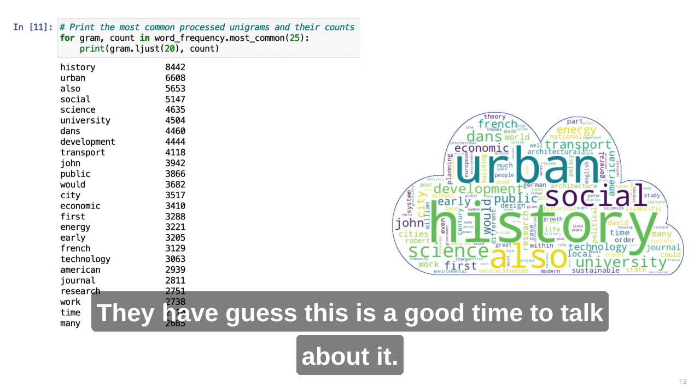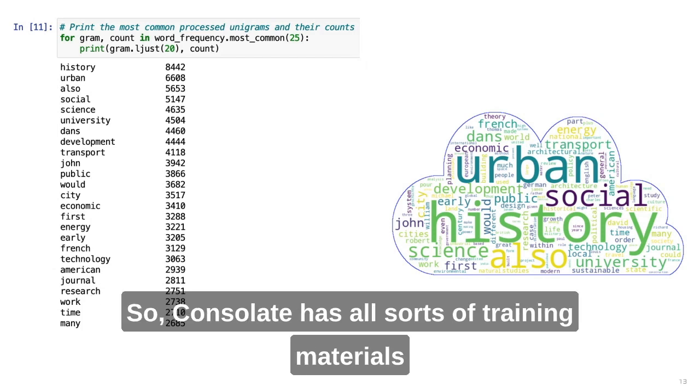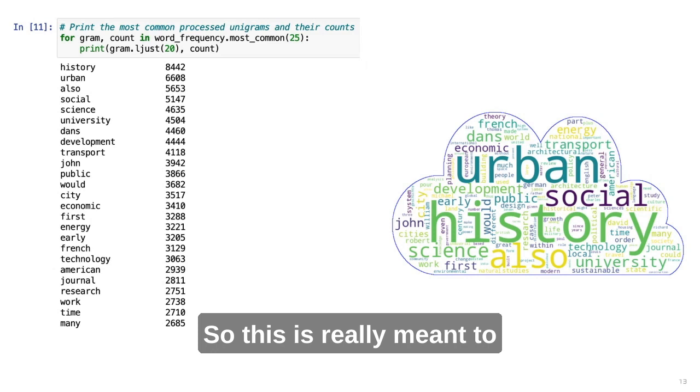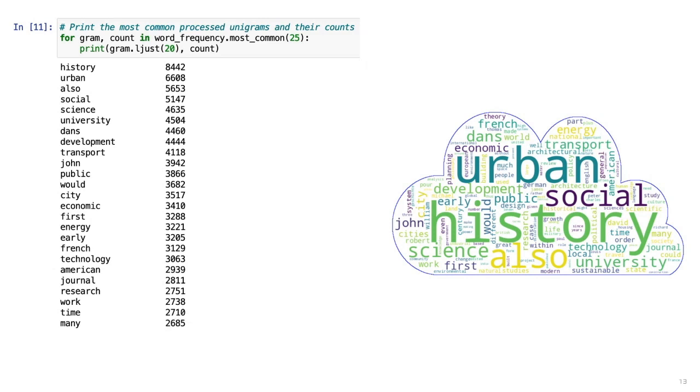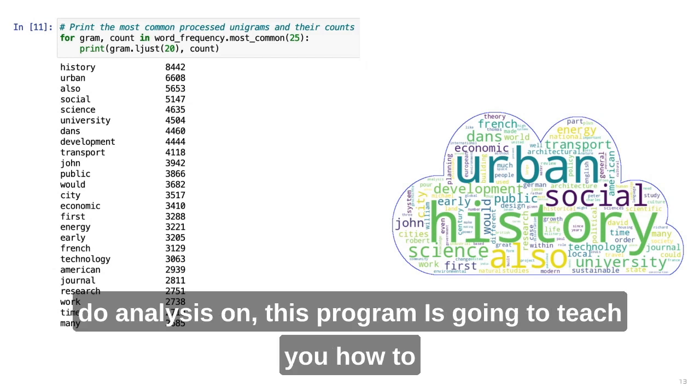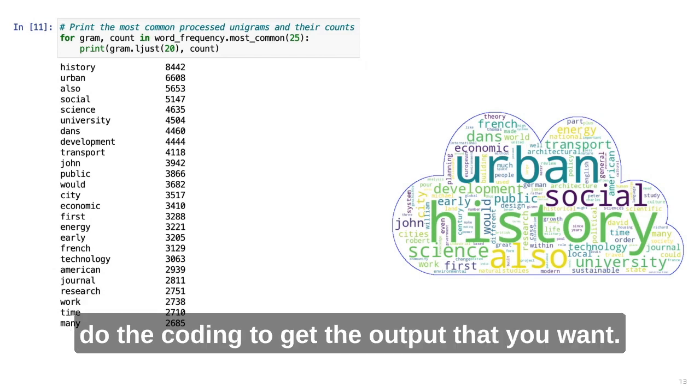So Constellate has all sorts of training materials that will teach you how to do Python. This is really meant to be a teaching and learning platform. If you have your own data sets that you want to do analysis on, this program is going to teach you how to do the coding to get the output that you want.